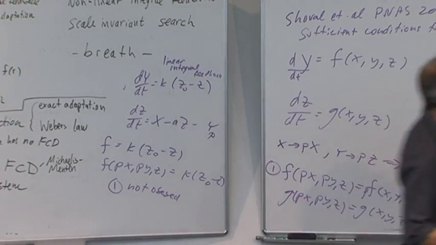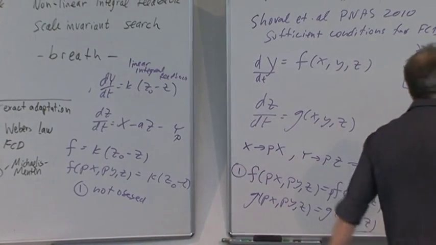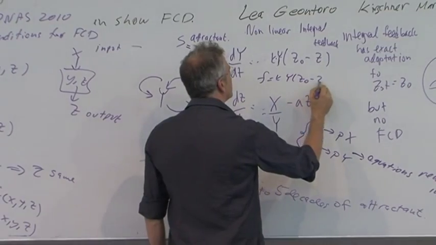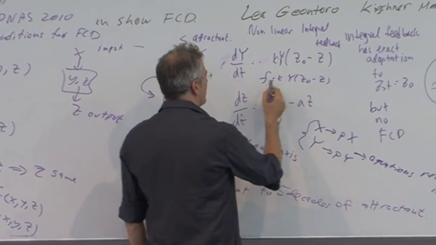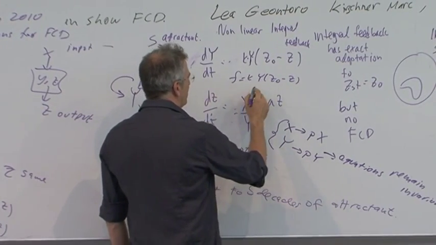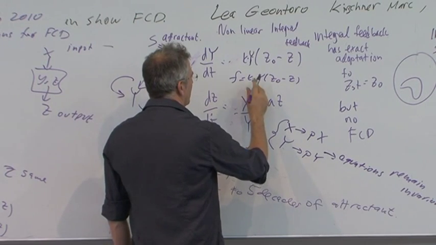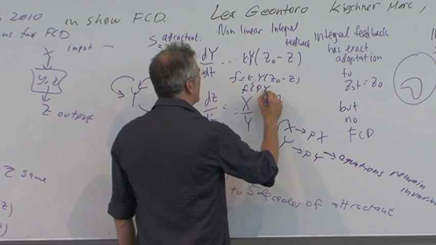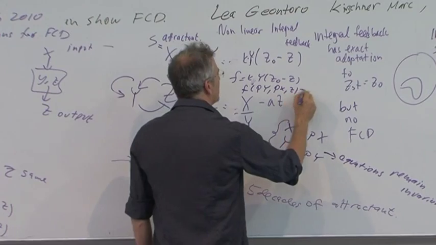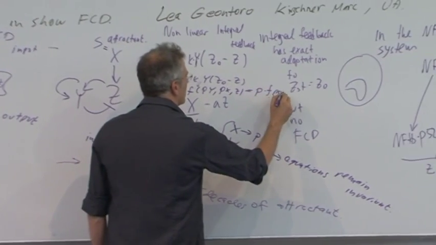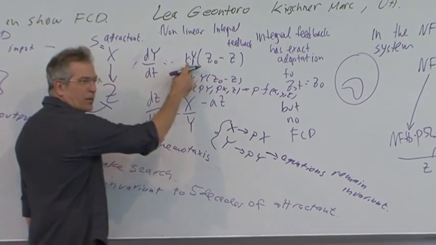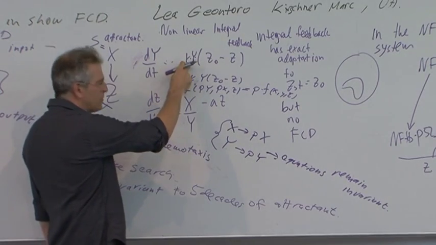But let's look at this thing here. Here, f is k times y times (z0 minus z). So if I multiply x by p, y by p, and keep z, f of px, py, and z is p times f of x, y, and z. That's why I knew I had to multiply by a y here. It will also work if I multiply an x here.